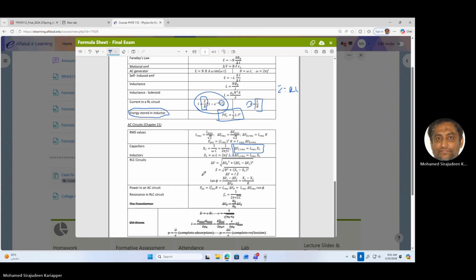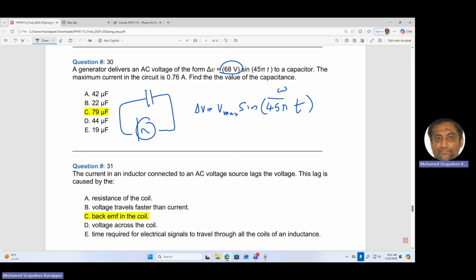Ohm's law. So here, although it is in RMS, I can do it with the maximum current, right? So I can say that voltage is equal to current times reactance. Instead of R, you write the reactance of the capacitor, Xc.